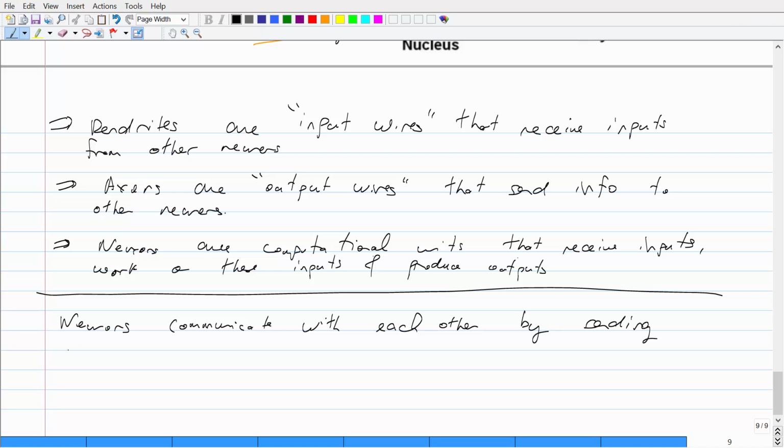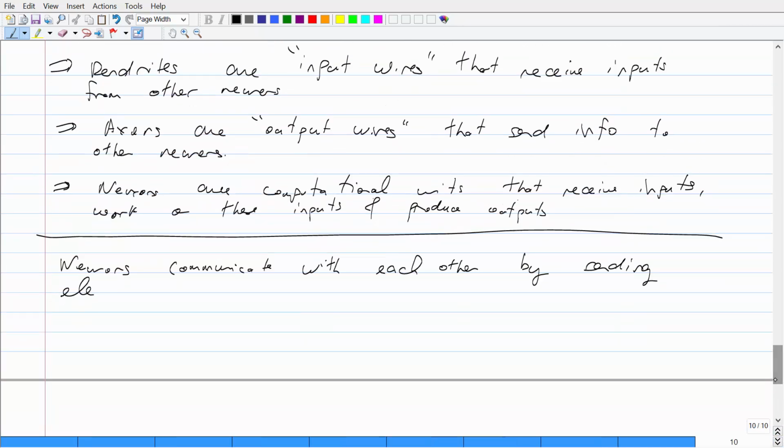In biomedical engineering or in medical terms, they're known as sending spikes of information to other neurons. So by sending tiny electrical impulses, they're also known as spikes. Okay, so here's a little diagram.